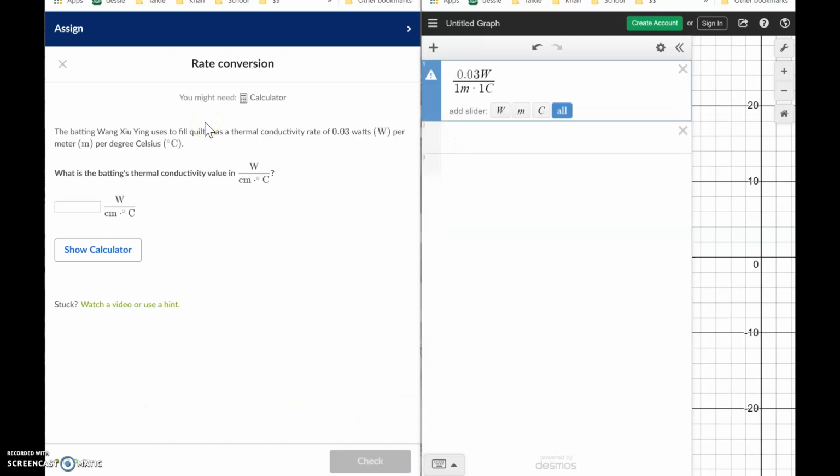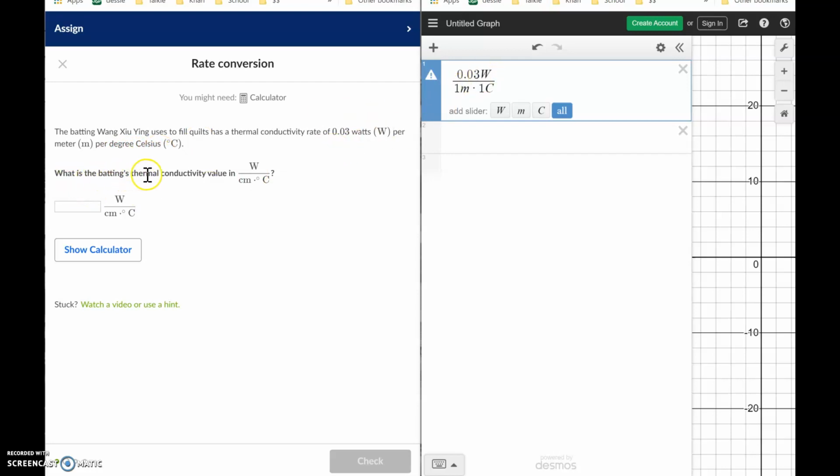Okay, so here we have the last question. The batting Wang Zhu-ying uses to fill quilts has a thermal conductivity rate of 0.3 watts per meter per degrees Celsius. So I've got that right there in the Desmos.